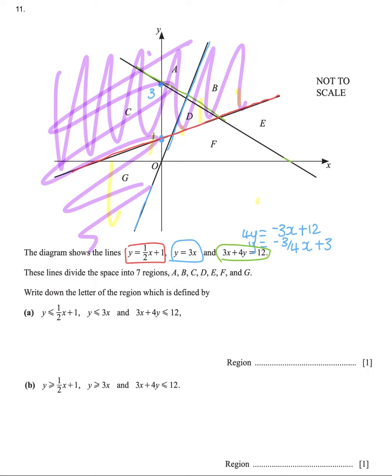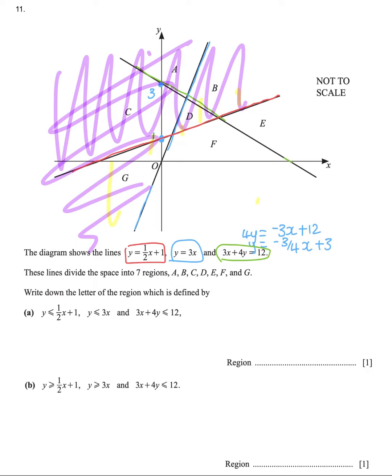So again, I could pick 0, 0. It doesn't lie on the line. So 0 plus 0 is less than or equal to 12. Yes, that works. So I do want this side of the line. I don't want this side of the line. Okay, so I'm going to get rid of this side here. So I'm left with F, and the first one is F.